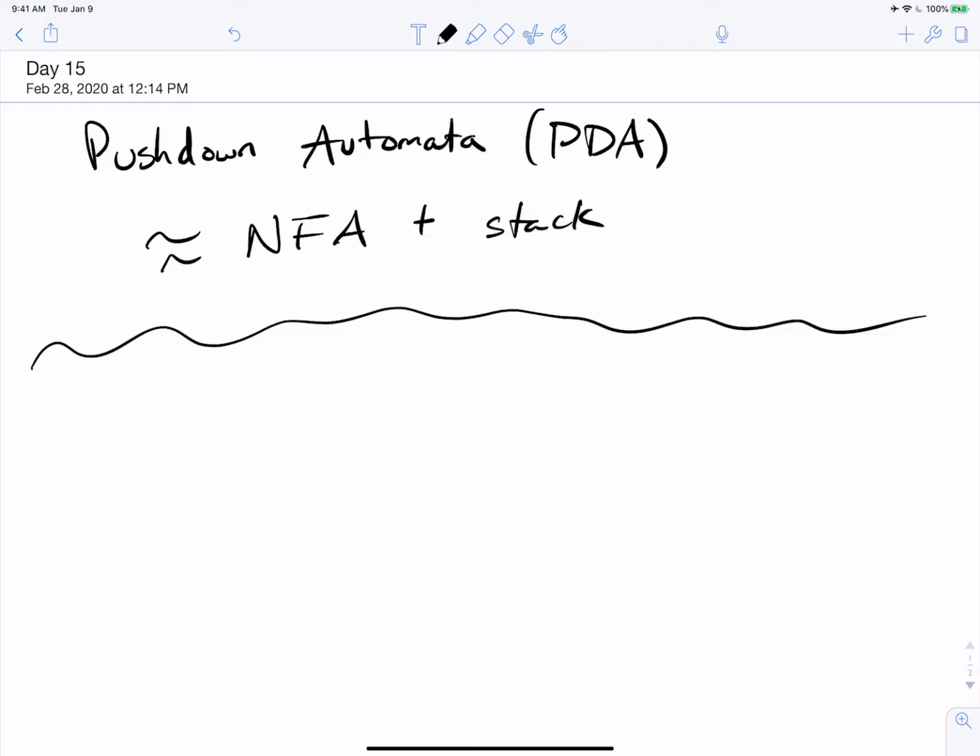We would show in both directions that they're a subset of each other. Yeah, so every CFG can be converted into an equivalent PDA, and every PDA can be converted into an equivalent CFG.